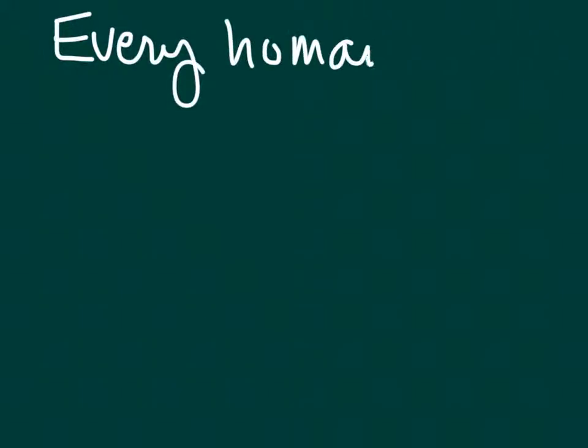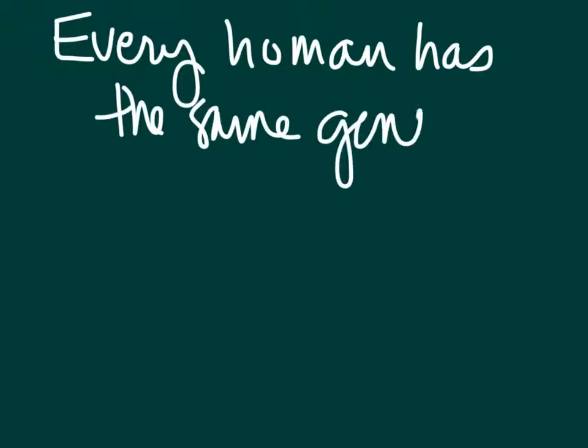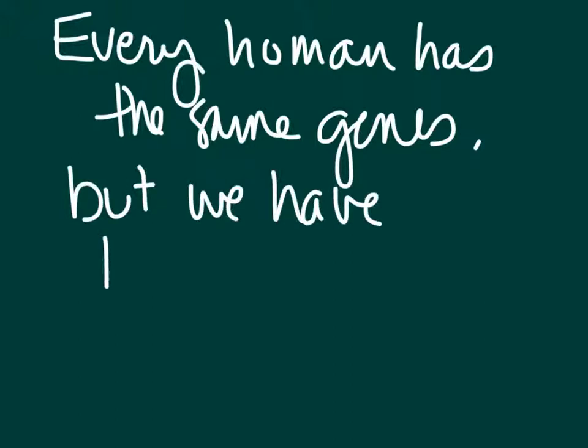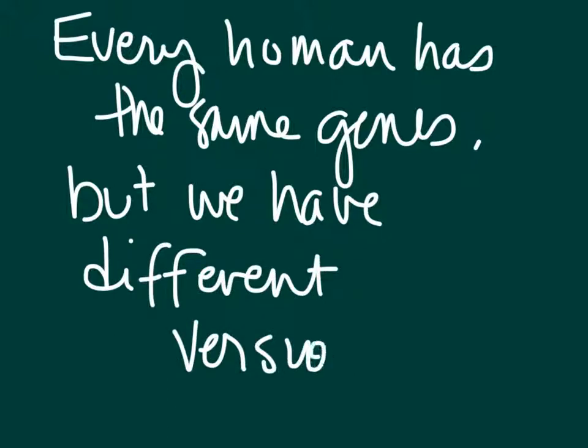It's the version of the gene that you get that makes us different. Those versions have a particular name. What do you call a version or a type of a gene? It's an allele.